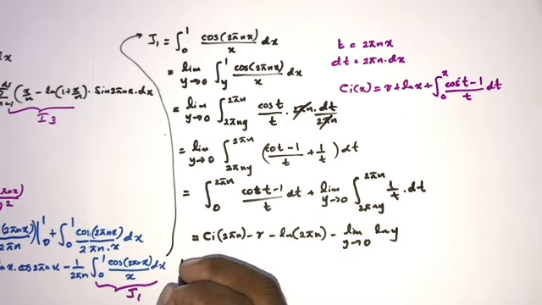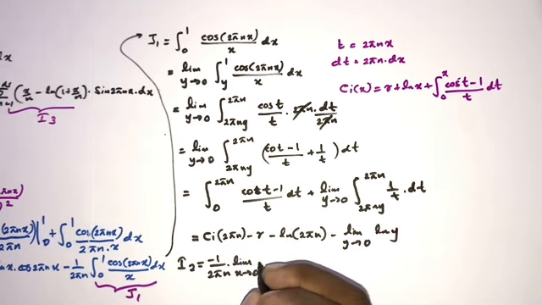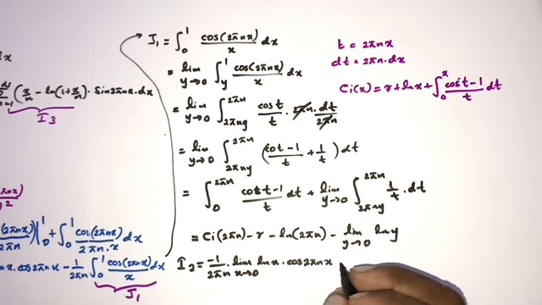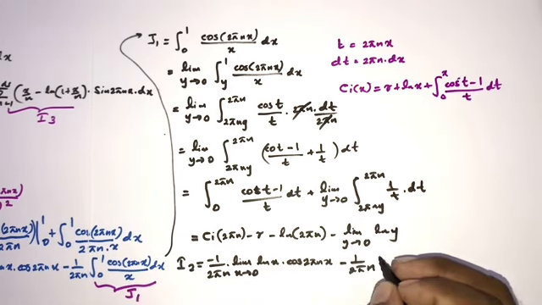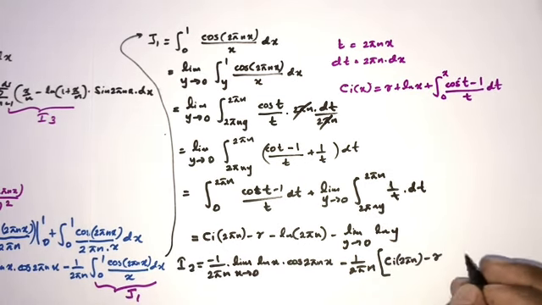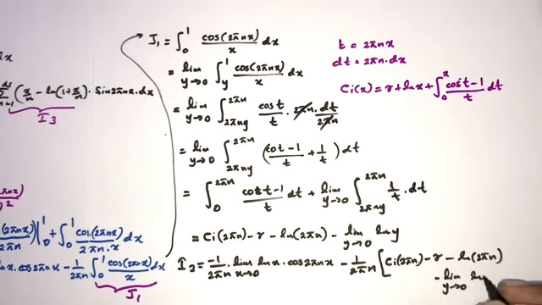So now we have I2 equal to minus 1 over 2 pi n times the limit as x approaches 0 of natural log of x times cosine of 2 pi nx, minus 1 over 2 pi n times Ci of 2 pi n minus gamma minus natural log of 2 pi n minus natural log of 2 pi n, then again minus the limit as y approaches 0 of natural log of y.